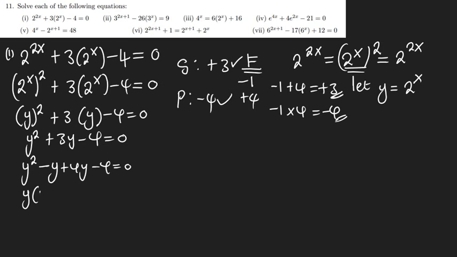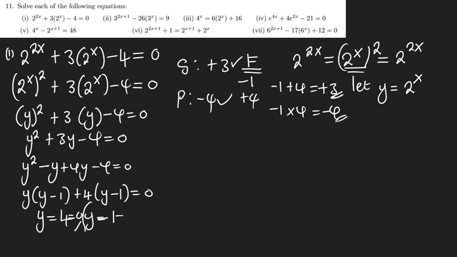Y is going to be factored out. Then we're going to have y minus 1, plus 4, then y minus 1. So that implies we're going to have y is equal to 4 and at the same time y is going to equal 1.